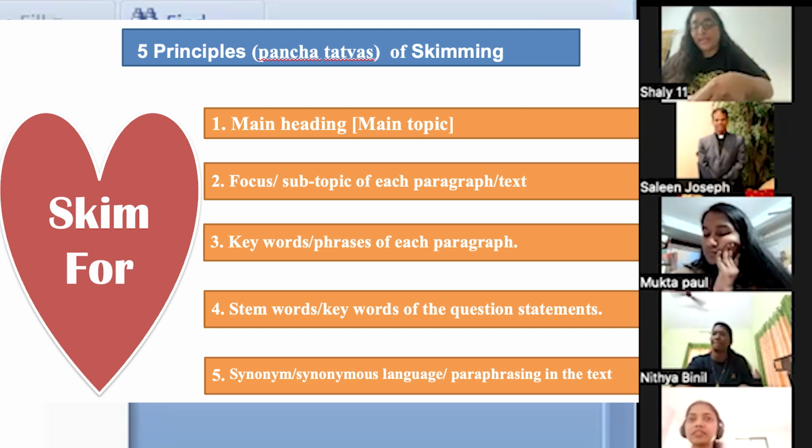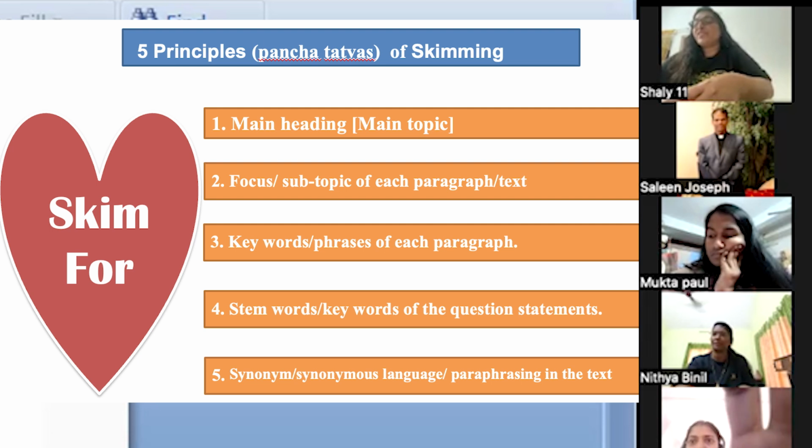In reading part A, we have 5 principles of skimming. First is the main heading or main topic. Second, focus on the subtopic of each paragraph or text. Third, keywords and phrases of each paragraph. Fourth, stem words or keywords of the question statements.